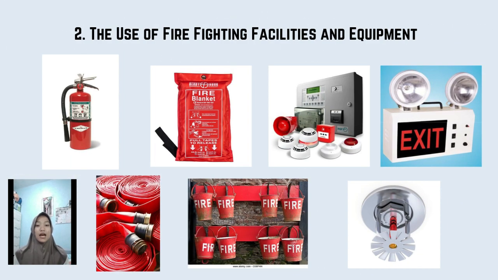Next, firefighting facilities and equipment. As restaurants face higher fire hazard, they have more stringent requirements on firefighting facilities and equipment. The following are firefighting facilities and equipment commonly found in restaurants, such as fire extinguisher, fire blanket, sand bucket, fire hose reel, fire sprinkler system, emergency lighting, and the last is visual alarm system.